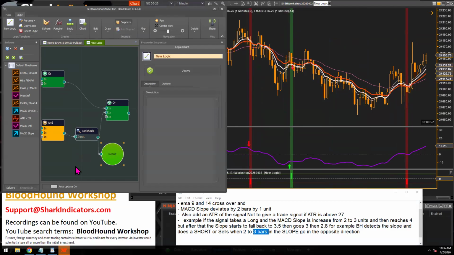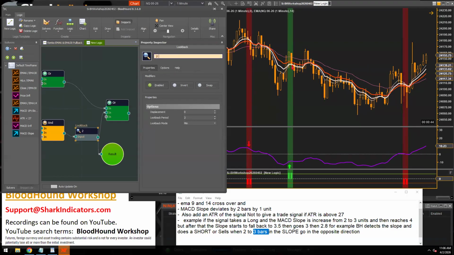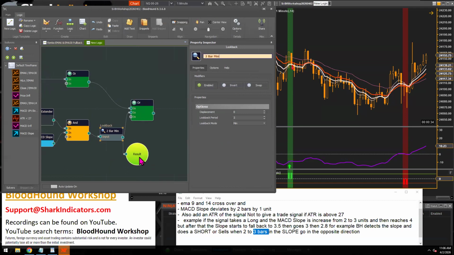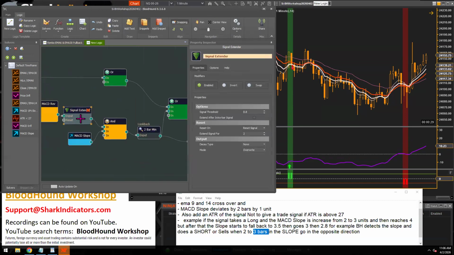All right, so I'm just going to knock this down and set it back to the more liberal settings of 2 bars. And let's see, the signal extender.